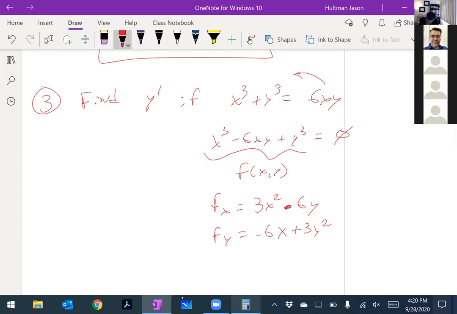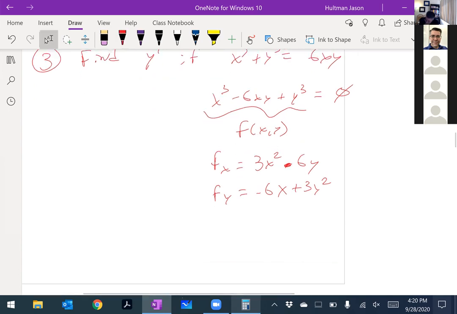If I were to implicitly differentiate this, if I want to find y prime, what's dy/dx? Isn't that y prime? This is just a fast way of implicitly differentiating. We already know how to implicitly differentiate. I'm not showing you anything new here.